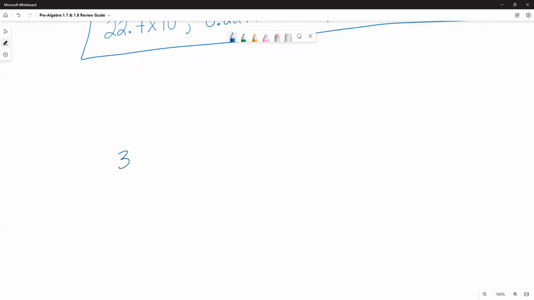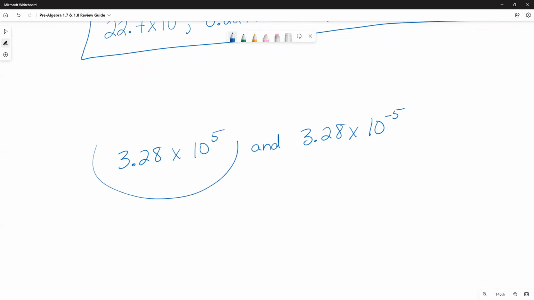Let's see here, 3.28 times 10 to the power of 5 and 3.28 times 10 to the power of negative 5. Which one is the bigger number? This one is bigger.